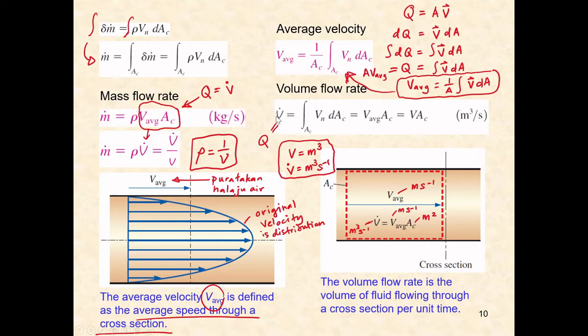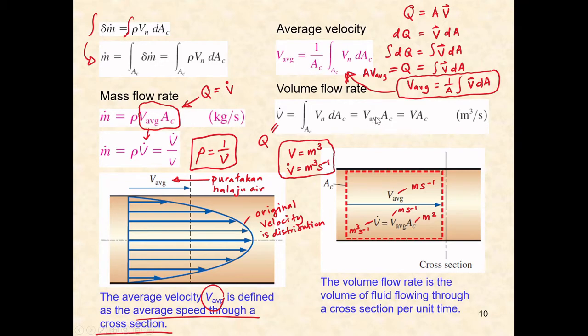V with a dot at the top means divided by second, so it's a meter cubed per second, called the volumetric flow rate. V is the volume in meter cubed, and with a dot you have meter cubed divided by time. So if you integrate the normal velocity over the area, you will get V average multiplied by A_c.